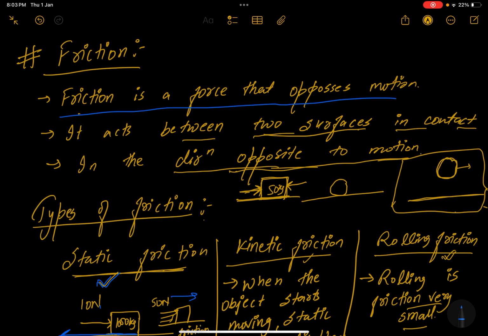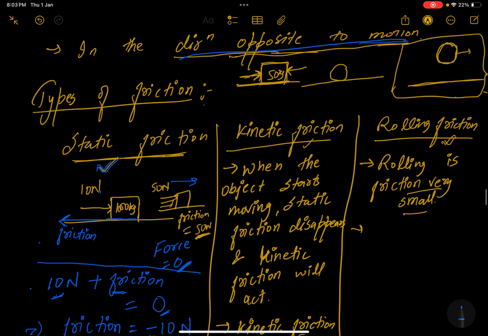That's why there is a change in velocity and it becomes zero at the end because of the friction. So it acts between two surfaces. For friction there should be contact. Without contact there is no friction. Friction always applies if there is contact, and it is in the direction opposite to the motion.